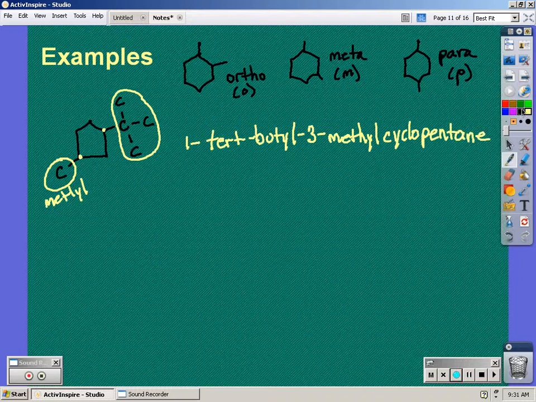Alright, if we look at another one, here we have 2 side groups. We have a methyl group and a bromine group. Now if you recognize this ring, there's 6. The circle in the middle represents 3 double bonds that could rotate between them, so it's like putting the 2 resonance structures together.